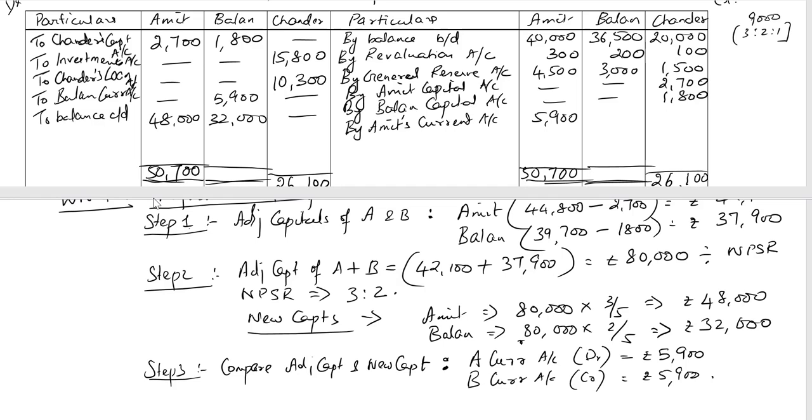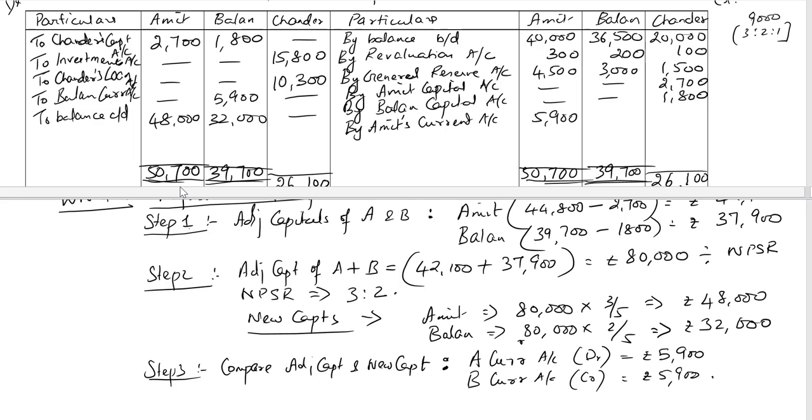In the case of Balan, again both sides total to 39,700 rupees. So these are the partners' capital accounts.